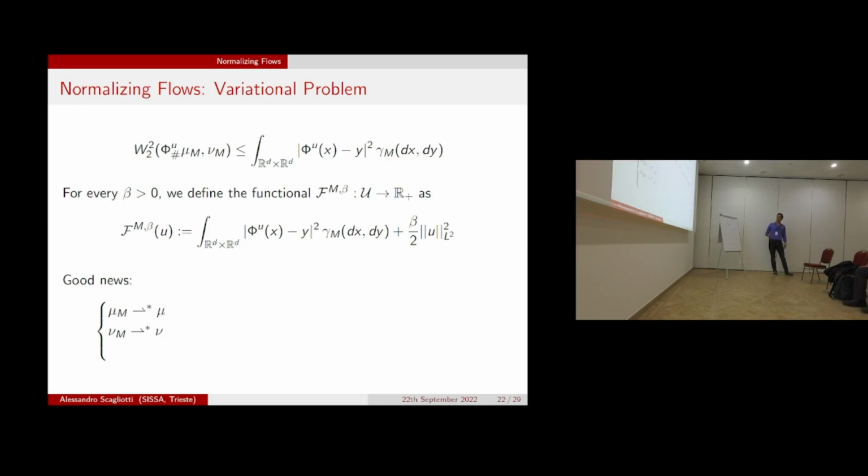The good news is that if the probability measure μm is weakly convergent to mu, and this is important, the probability measure gamma m is an optimal transportation plan between μm and μm, then we have that the whole sequence gamma m, without subsequences, is converging to a probability measure gamma, which is an optimal transport plan between mu and mu, and which is induced by a map.